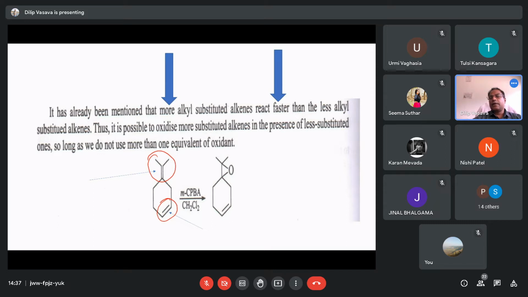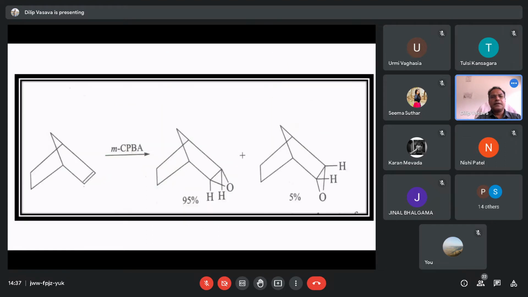Here the less hindered carbon atom can be oxidized. It is clear that it is the less hindered side because here bridge carbons are there, so hindrance is taking place. In that case, the oxidation will take place from the less hindered side.